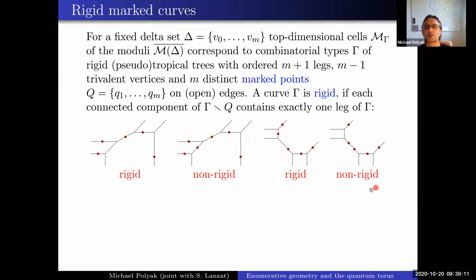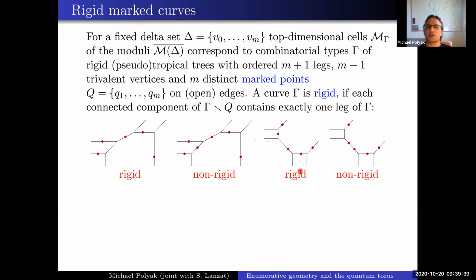However, this could also happen if the number of points is correct. So say for this curve, the number of legs is 1, 2, 3, 4, 5, 6. So I should place 5 points: 1, 2, 3, 4, 5. So the number of points here and here is correct.